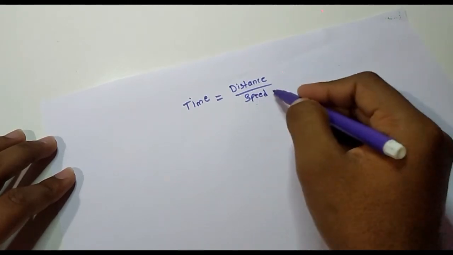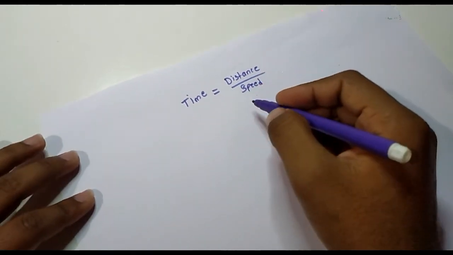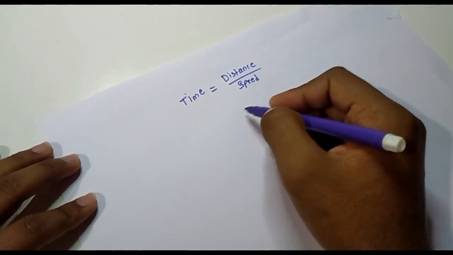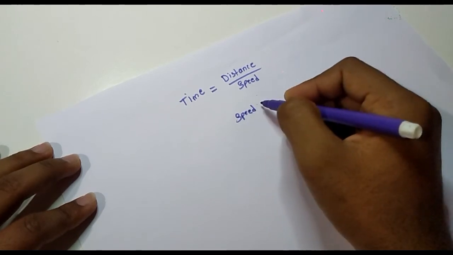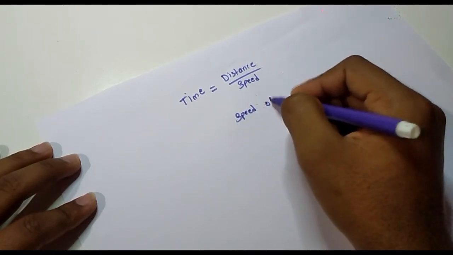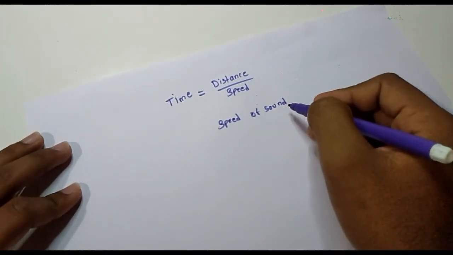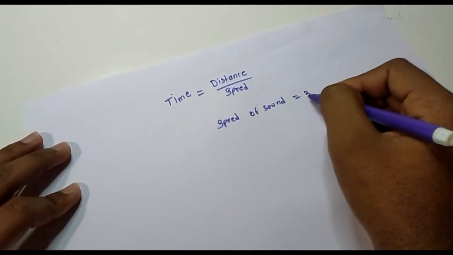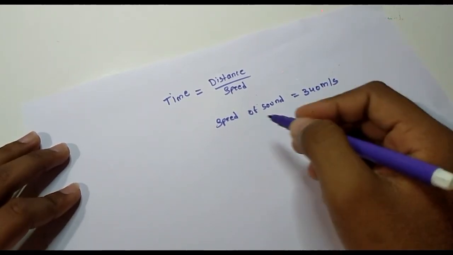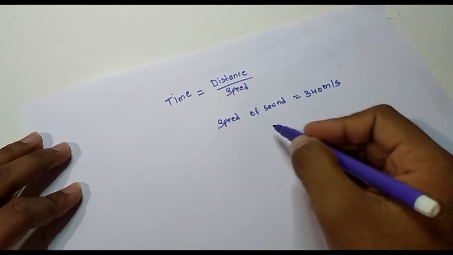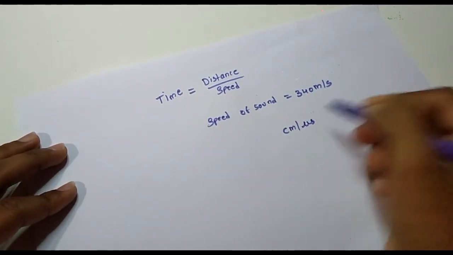Here we are going to consider the speed of sound. We know the speed of sound at room temperature is approximately 340 meters per second, but we want it in centimeters per microsecond.